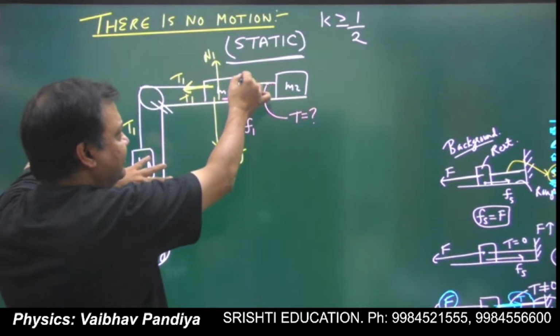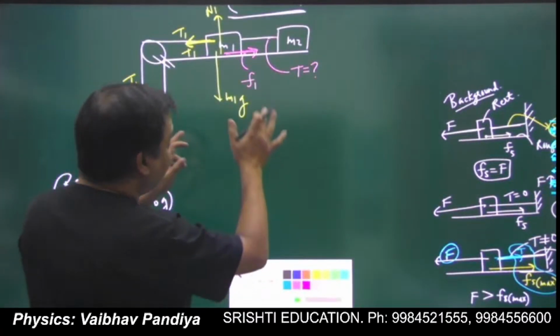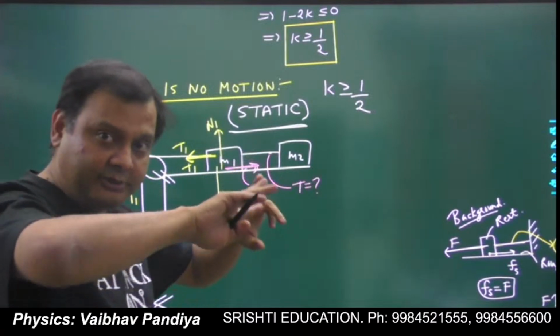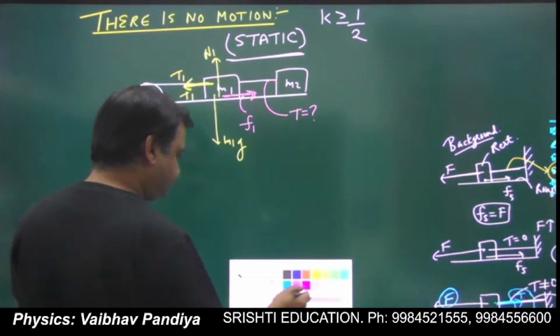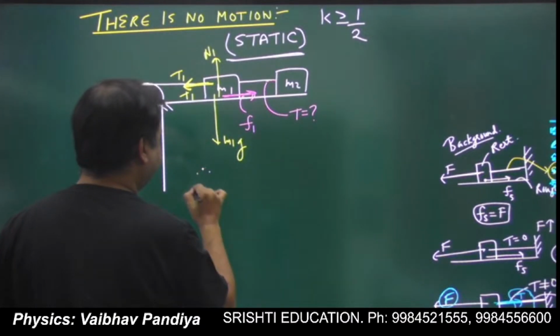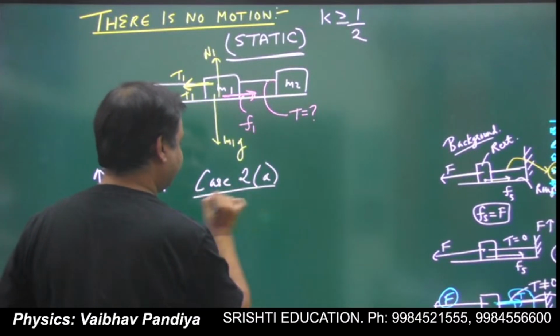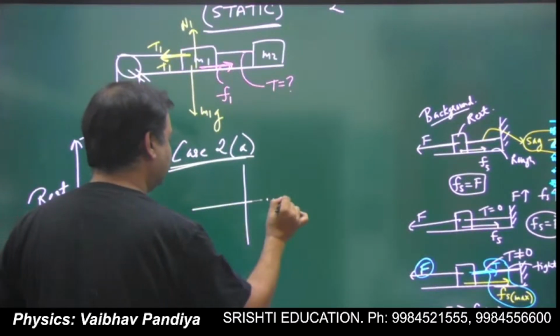Till that time, this string will remain sag. So here also there will be two subcases when the block is not moving, two subcases of the second case. So we are doing case 2a, the first case of the second, and I'm making the FBD of m1.